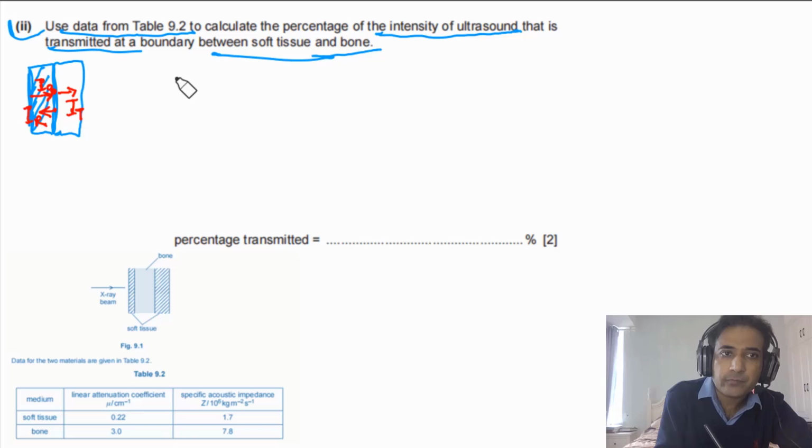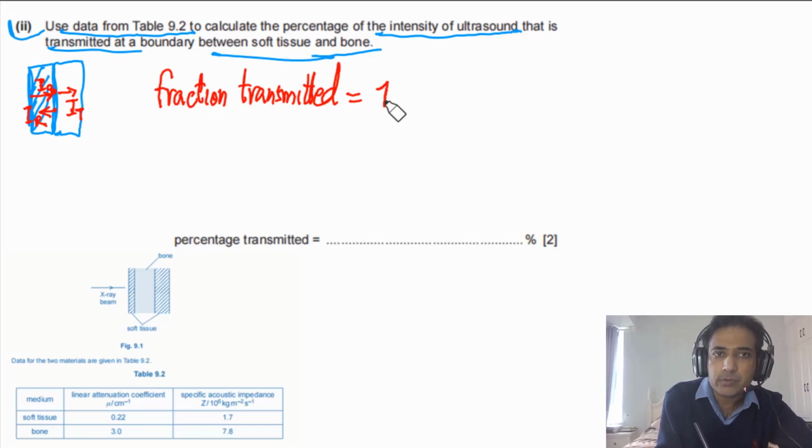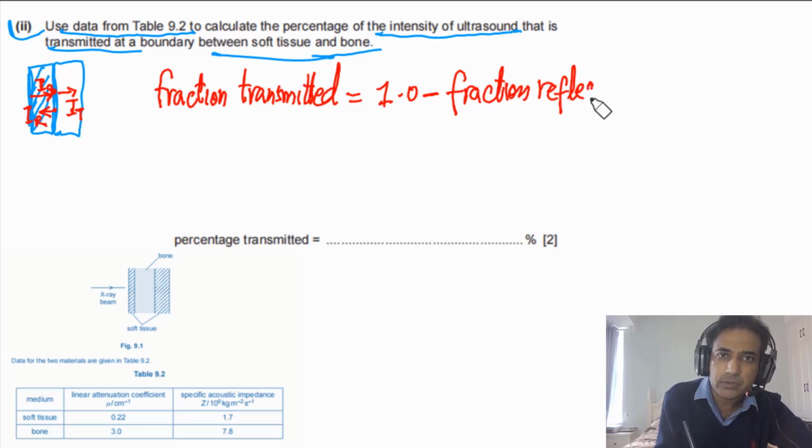We need to calculate the fraction transmitted. The fraction transmitted will be equal to 1.0 minus the fraction reflected. This is based on conservation of energy.